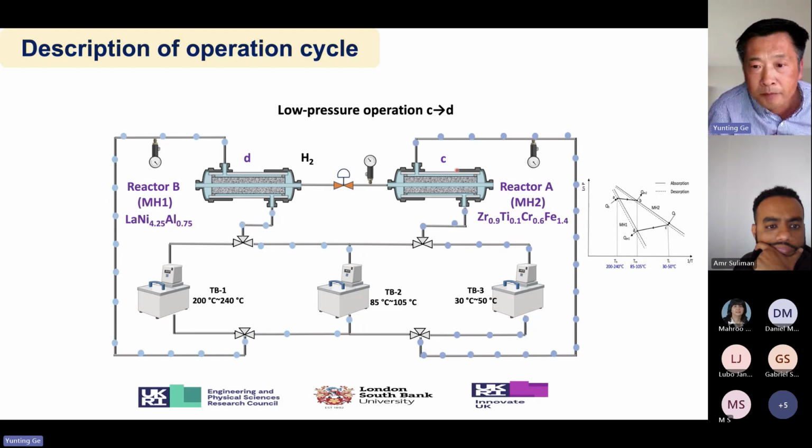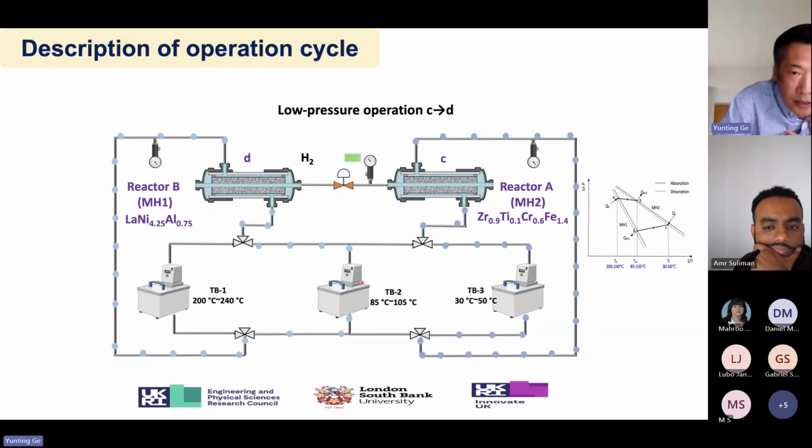It heats up, and the hydrogen is released from this reactor to the second reactor, and the second reactor is cooled by what we call the medium temperature heat sink to produce heat output. So this is the operation.